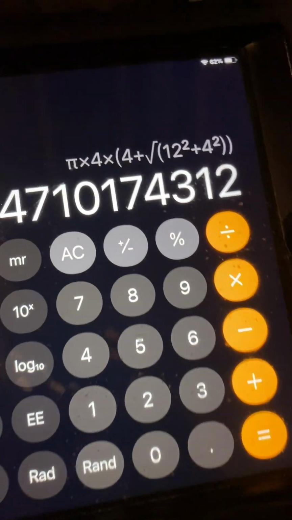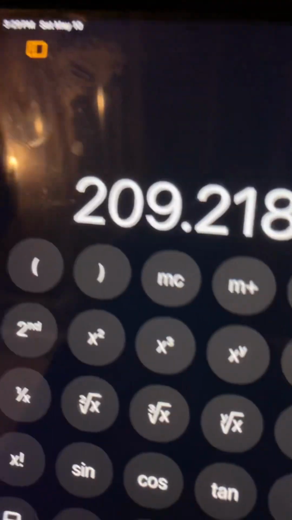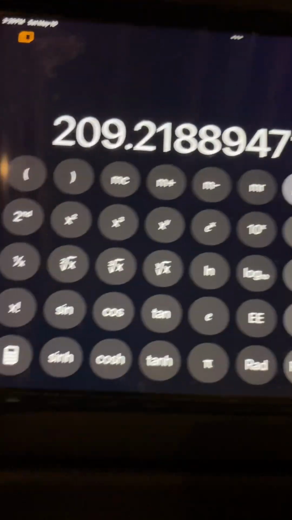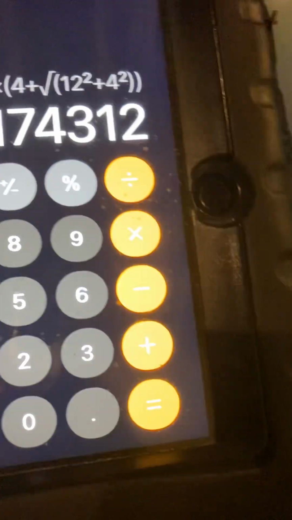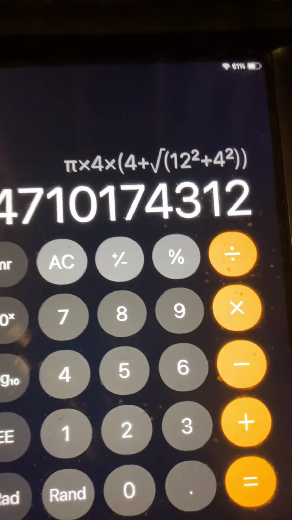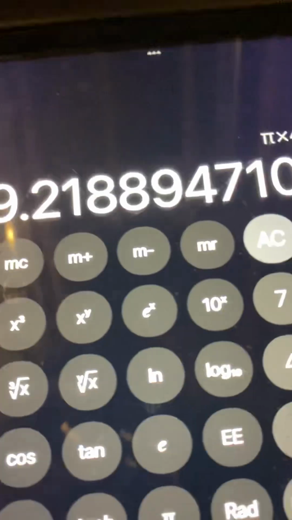If you put the parentheses in the wrong places, then the answer will not be 209.2. It will be a different answer. So remember to put the parentheses in the right way so that you can get the right answer. So that is the surface area of a cone.